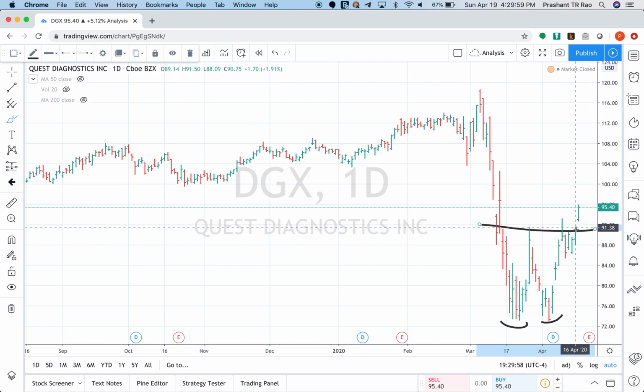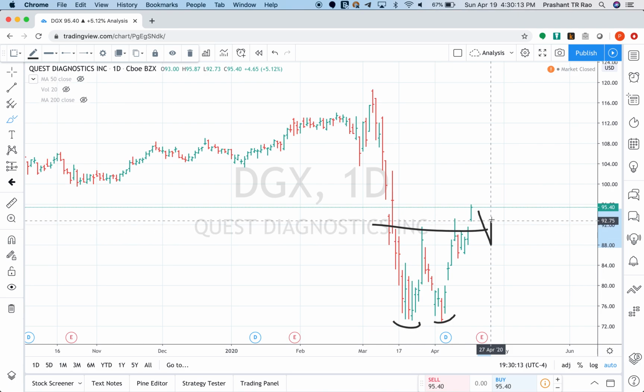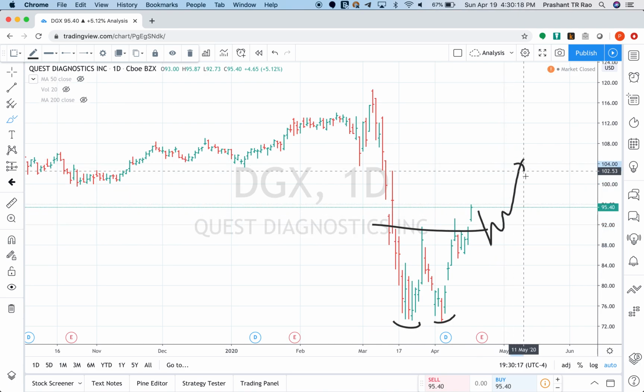And you can see that now we've broken out of the neckline. So in this case, since we've broken the neckline, while we might see some pullback, the path of least resistance is generally higher.